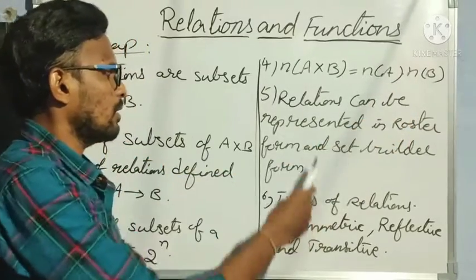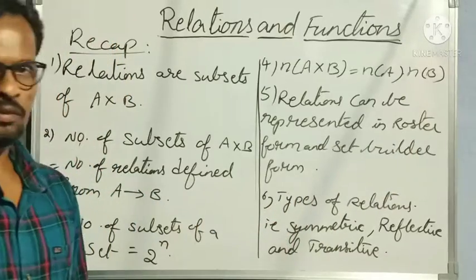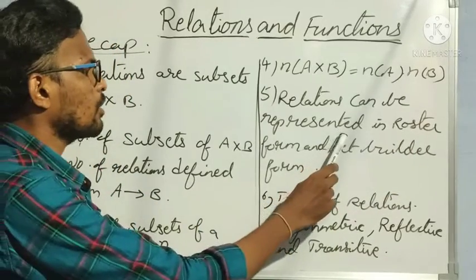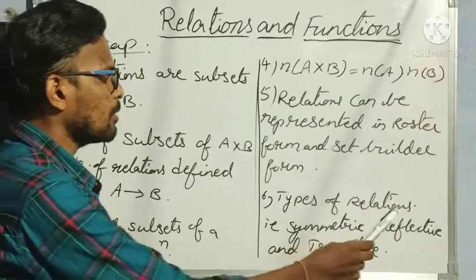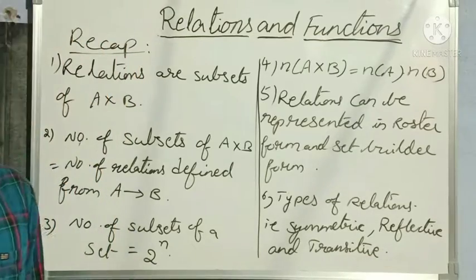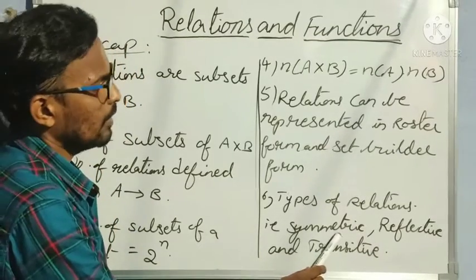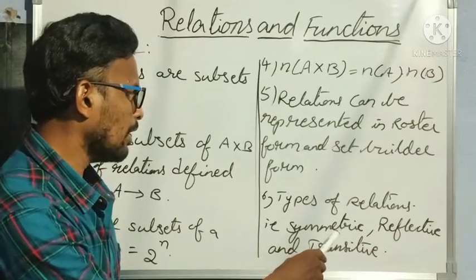Next, relations can be represented in roster form and set builder form, same like sets. Along with that, we discussed types of relations, that is symmetric, reflexive and transitive relation. Symmetric relation means if a relation from A to B is there, then a relation from B to A will also be there.